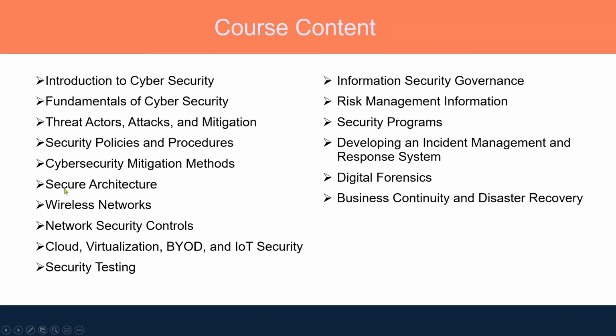We are going to talk about network level, application level, and platform level secure architecture. Then we are going to talk about wireless networks and their security, and what network security controls you can put. Here we are going to talk a bit about NAC, network access controller.